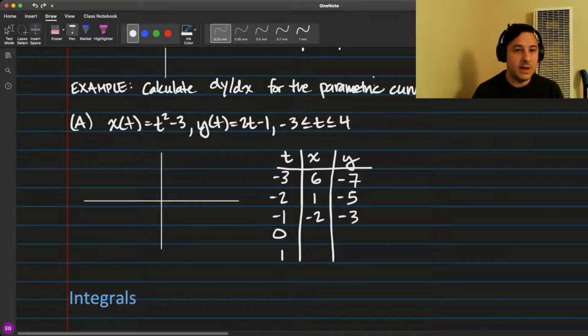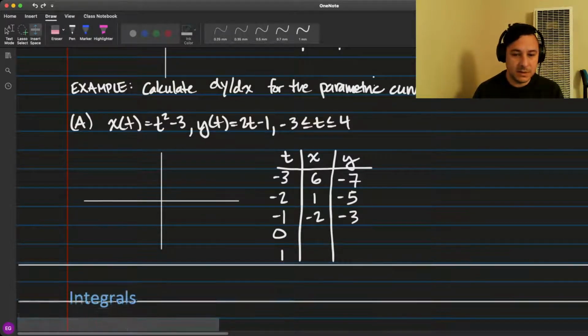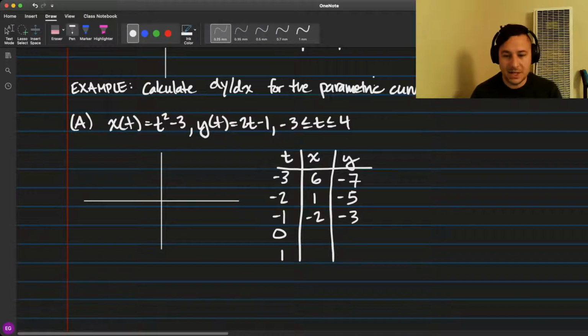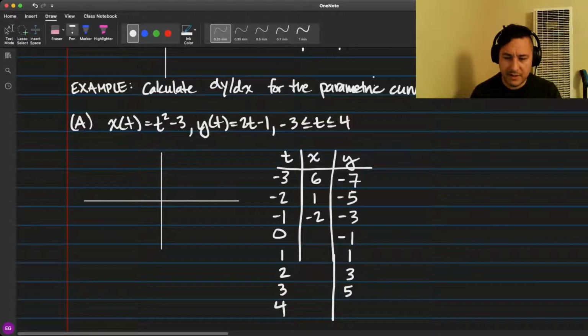Looking at those y values, they're changing by differences of 2. So that makes it easier just to fill all of those in. So you get negative 1, 1, 3, 5, 7.